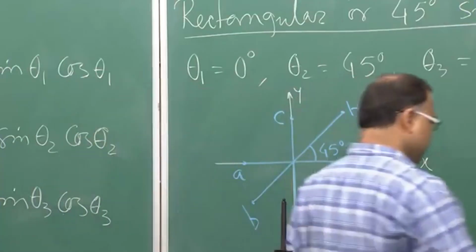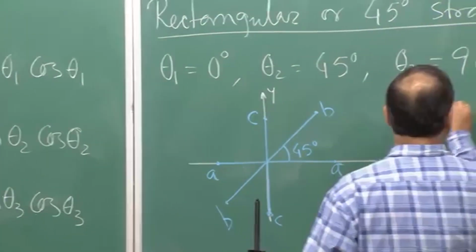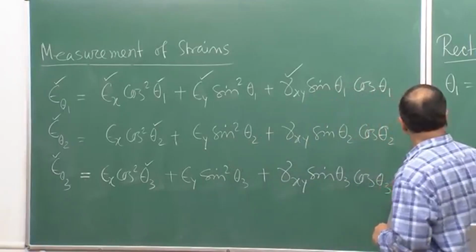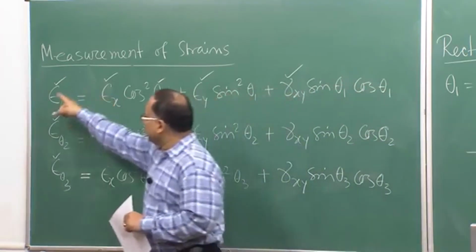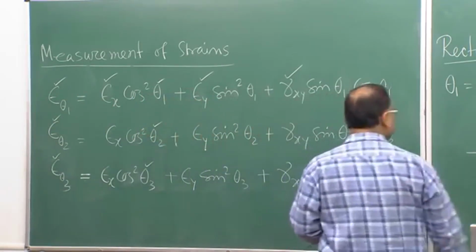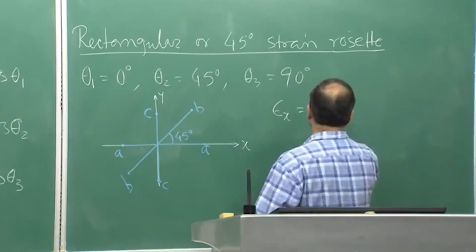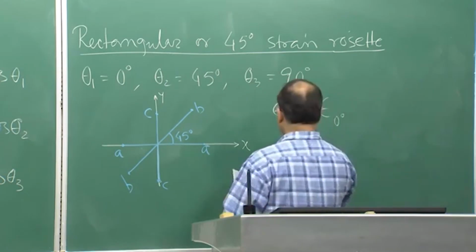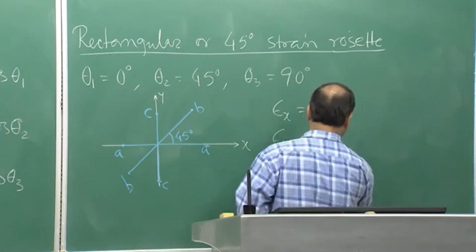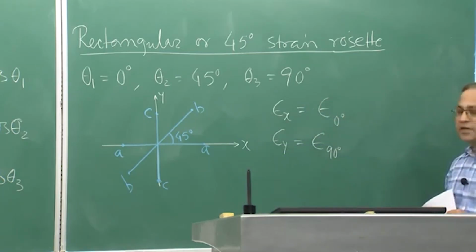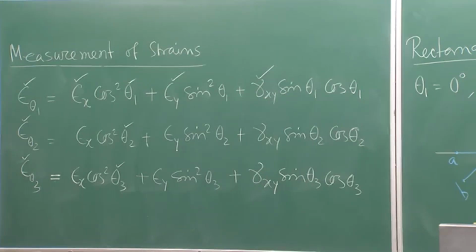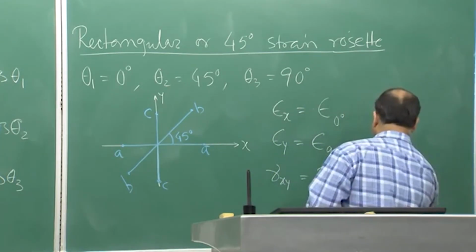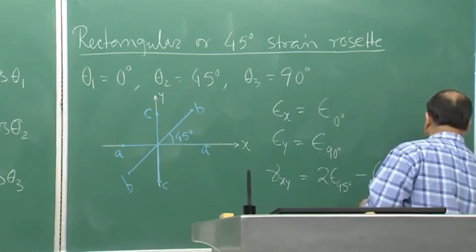So, if you choose the axis like that, then if you put theta 1 equal to 0, theta 2 equal to say 45 degree and theta 3 equal to say 90 degree, and if you know these strain components from the strain gauge reading, then basically you can write epsilon x equal to epsilon 0 degree, epsilon 0 degree means epsilon theta 1, okay, epsilon y is equal to epsilon 90 degree, that means epsilon theta 3 and gamma xy will be 2 epsilon 45 degree minus epsilon 0 degree plus epsilon 90 degree.